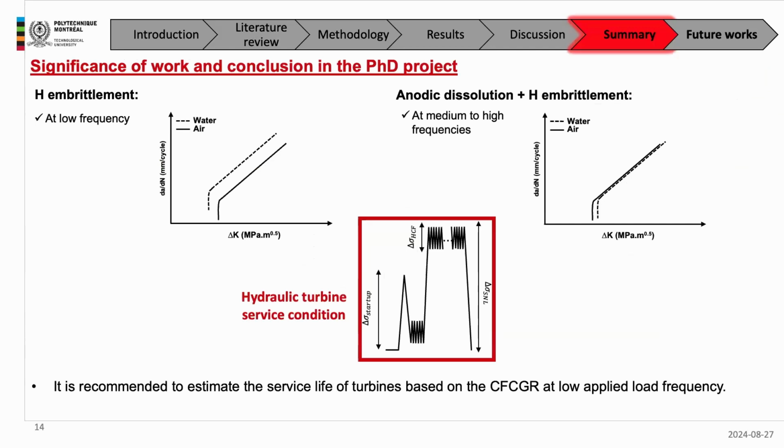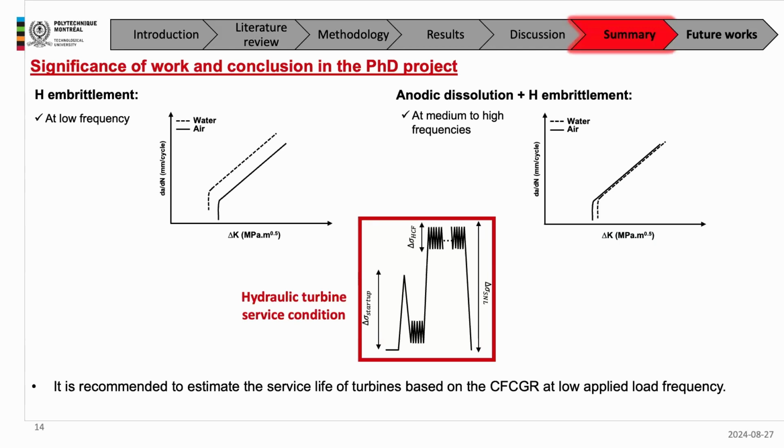In terms of the significance of the work, we were working with Hydro-Quebec on hydraulic turbines. The service condition of a hydraulic turbine consists of two separate load frequencies: the first is a low frequency condition, and the second is a high loading frequency. For the low loading frequencies, we have analyzed that hydrogen embrittlement is the main damage mechanism accelerating the fatigue crack growth rate.